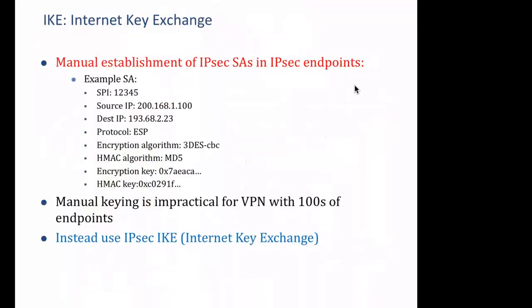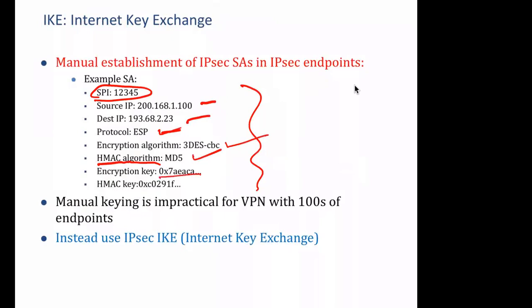So they will store all these parameters: the SPI, security parameter index, source address, destination address, what kind of protocol we are using, like ESP, what kind of encryption method, what kind of authentication, like HMAC, like MD5, because there are choices. What is the encryption key and HMAC key, etc. All these are to be set. Of course, these keys are to be known at both ends, right?